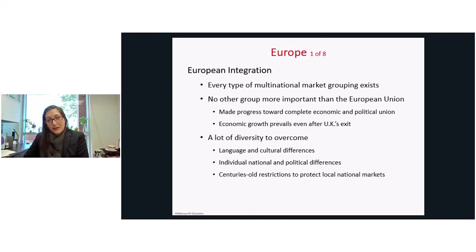But there's a lot of diversity to overcome. We've already flagged language and cultural differences. Individual, national and political differences are also part of the diversity challenge, and centuries-old restrictions that protect local national markets.